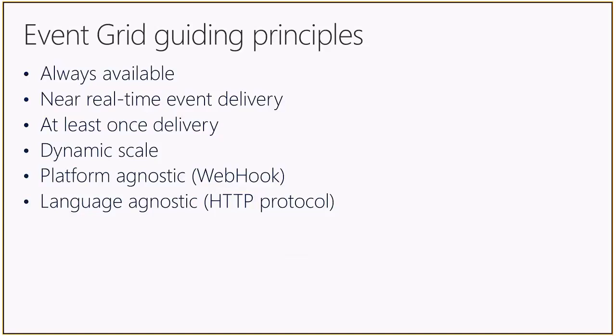It scales dynamically, to millions of events per second, and it's platform agnostic. We basically subscribe using a webhook, so it calls into any webhook and delivers that push notification. It's also language agnostic. It works based on the HTTP protocol, so we're not tied to a specific language.